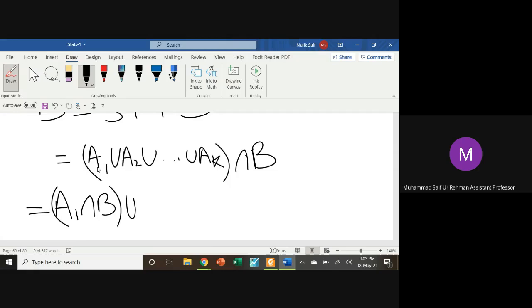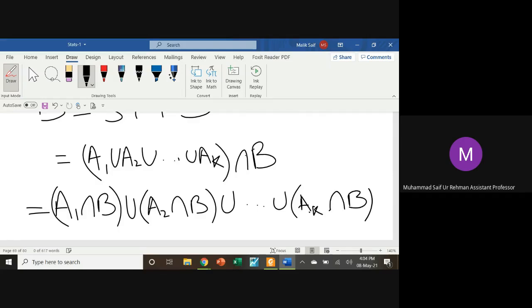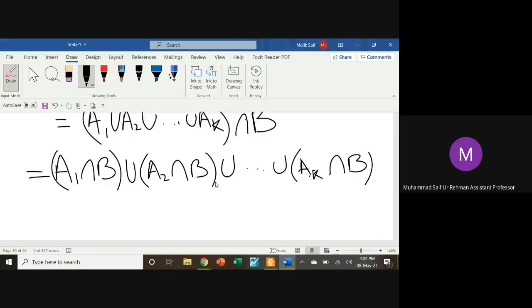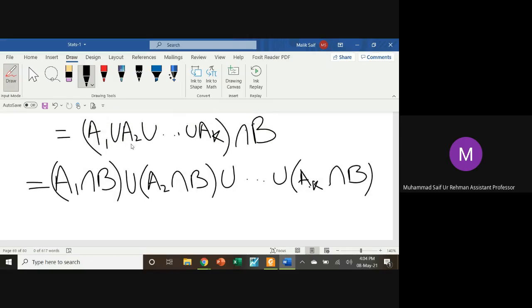Basically you are writing A1 intersection B, then union, A2 intersection B, then union, A3 intersection B, then union, and so on up to AK intersection B. So I'm just writing down a few terms: A2 intersection B, union, so on, union, and then AK intersection B. Okay, so I can write it down in this way: A1 intersection B, A2 intersection B, and this union is there in the center.